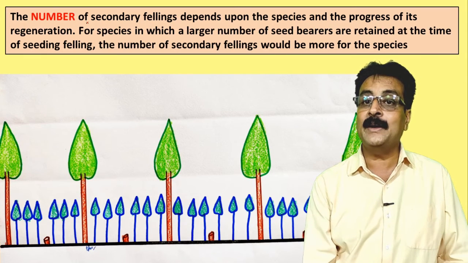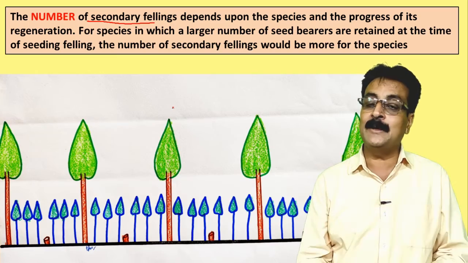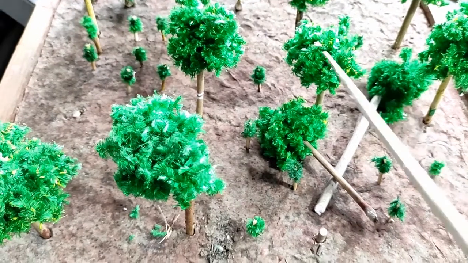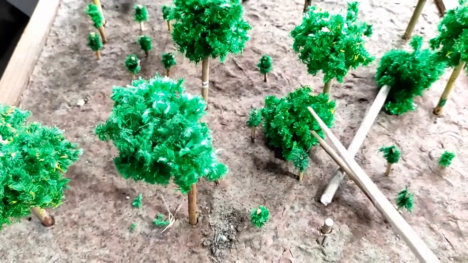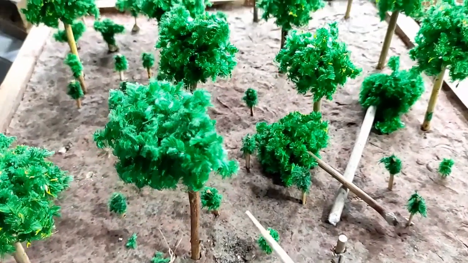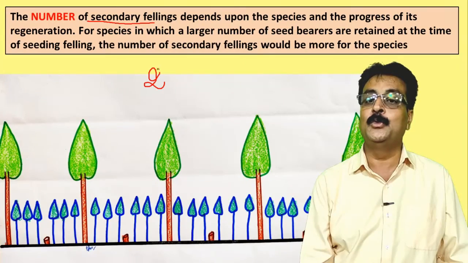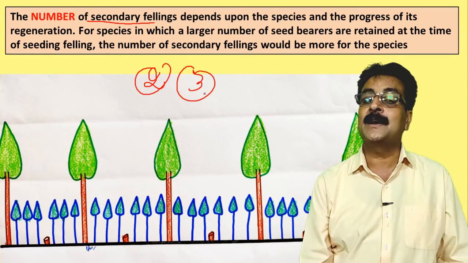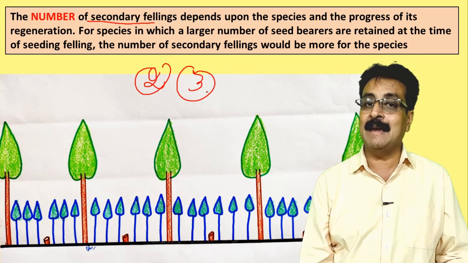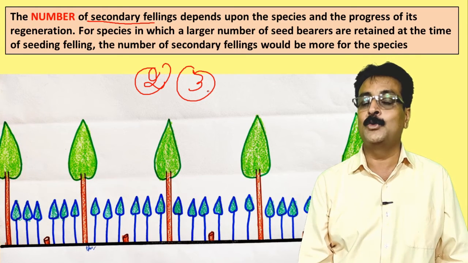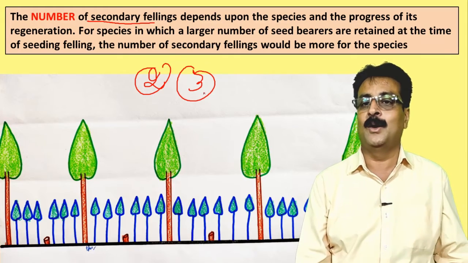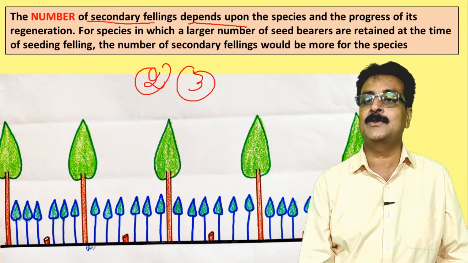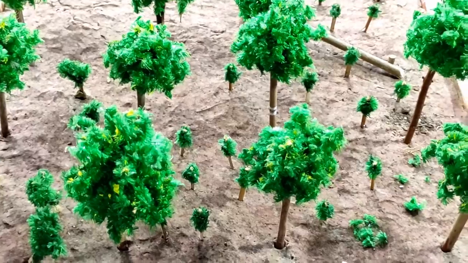The number of fellings: seeding felling can be once, but for secondary felling, some species require 2 times felling, 3 times felling at intervals. So the number of secondary fellings may be 2, maybe 3, as per the requirement of the species. Like Abies pindrow, they require 2 or 3 secondary fellings, but in Pinus roxburghii they require only 1 secondary felling. So it depends on the species and the progress of regeneration.